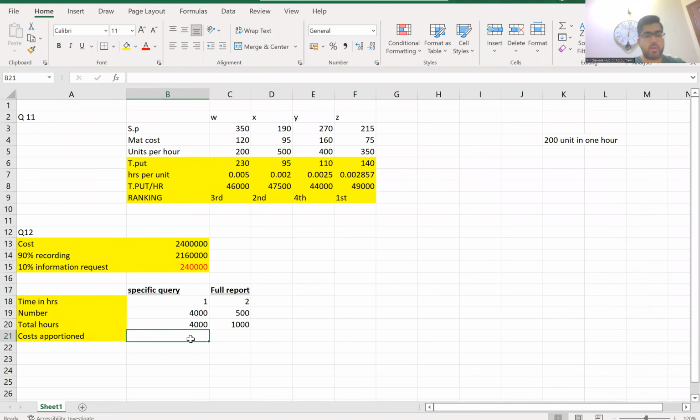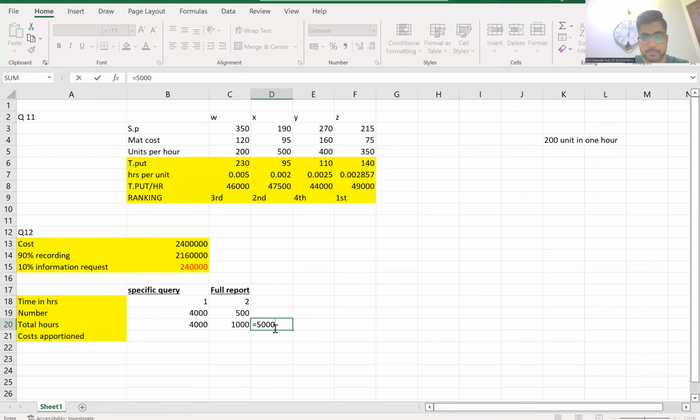So if cost is apportioned on the basis of time, the time of specific query is 4,000 out of total hours of 5,000. So if you apportion cost on the basis of hours, the total hours are 5,000, right?